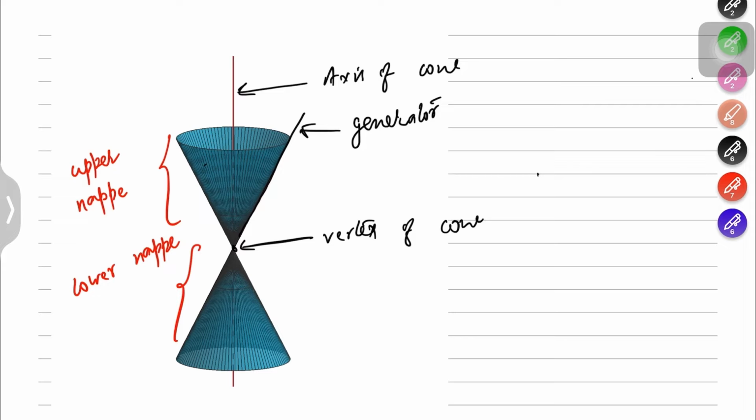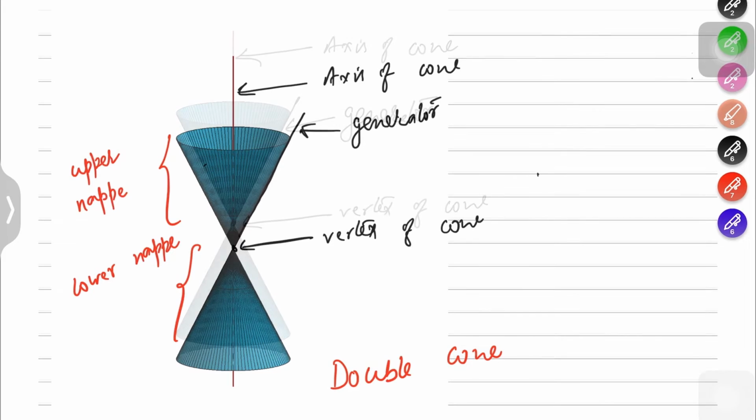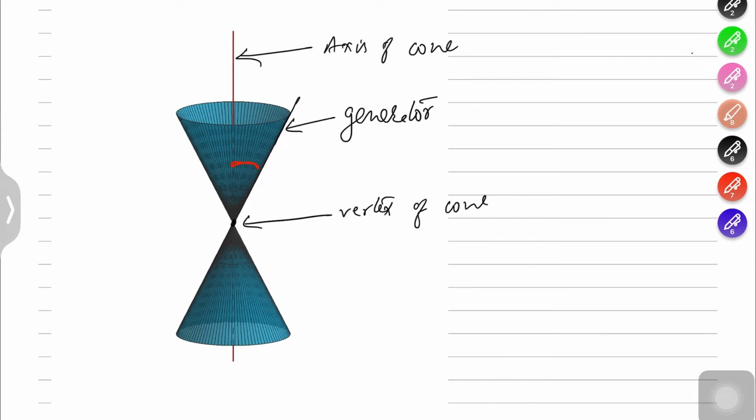If you want a conic section, we need two cones. So this is something called a double cone, that consists of the upper nap and the lower nap. One more terminology is the angle alpha.